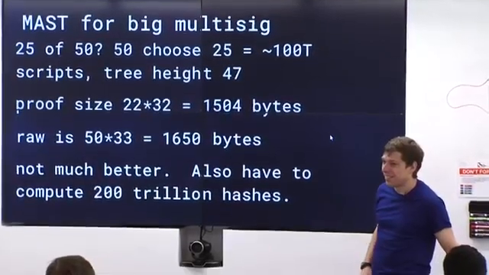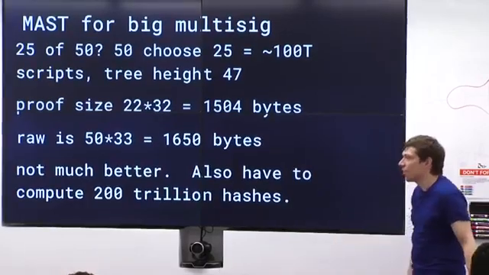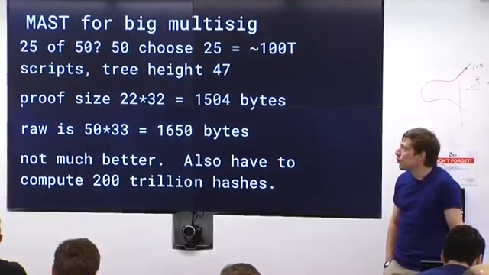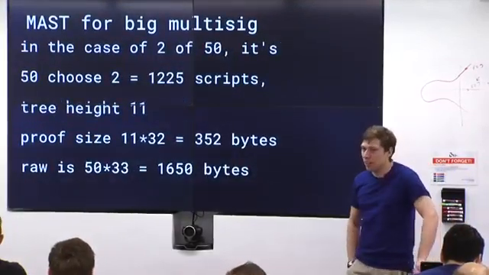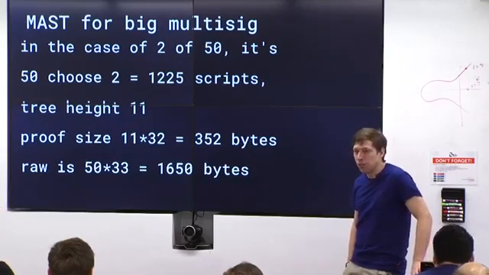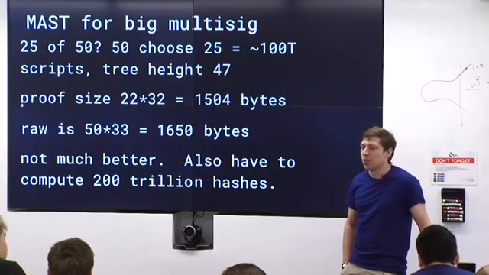Are you going to get into the kind of fungibility issue there? Oh, yeah. So compare these two. If I show a tree height of 10 or 11, that's weird. There's like 1,000 different scripts around in this tree. If I show a tree height of 47, that's really weird.